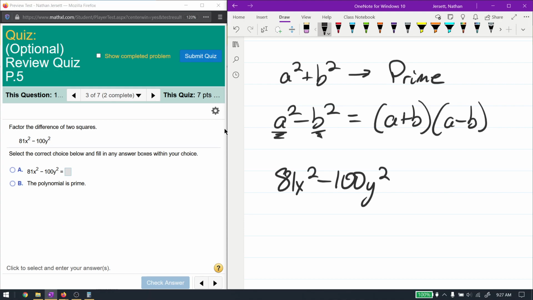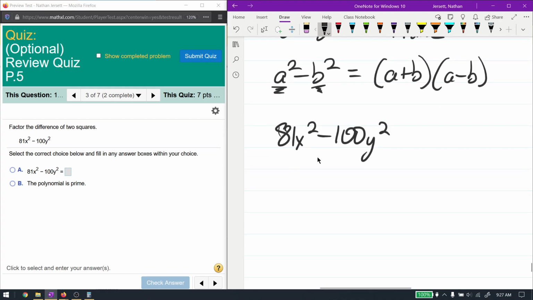You could say it's x, but the 81 is a part of it. So we have to change the 81 into something being squared there. That's pretty easy to do because 81 is 9 squared. So I can rewrite this as 9 squared x squared, just like I can rewrite this one as 10 squared y squared.